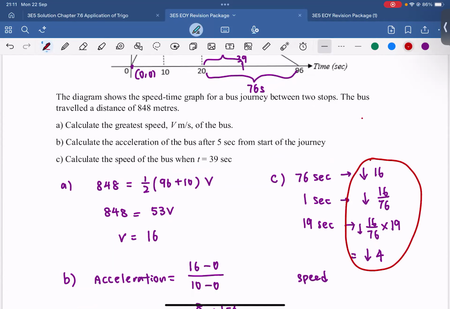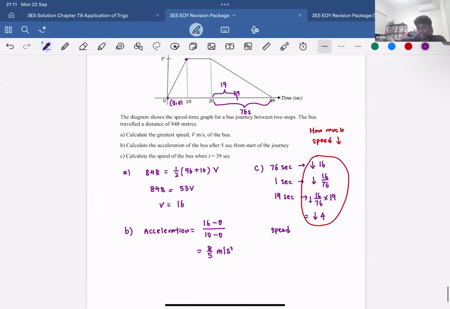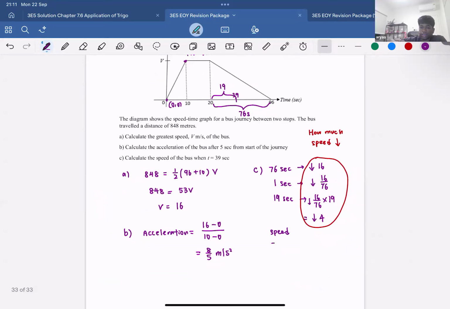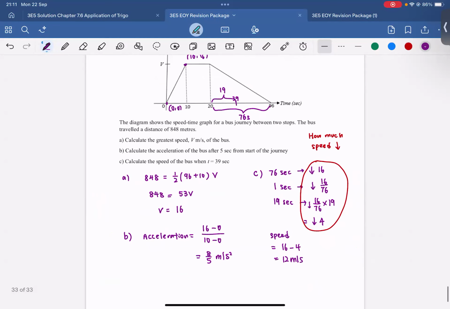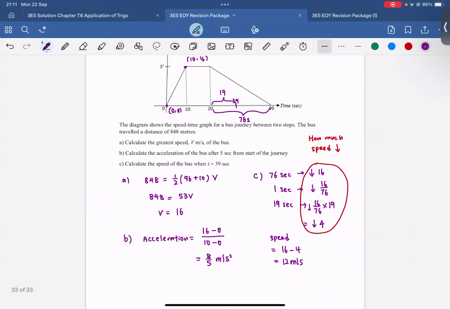This part is how much the speed dropped. Understand? So the speed of the bus is 12 meters per second. It's just 16, then it dropped by 4, right? So it's 12 meters per second. If you want to use gradient to find it also can, a bit longer only. And your algebra must be good.